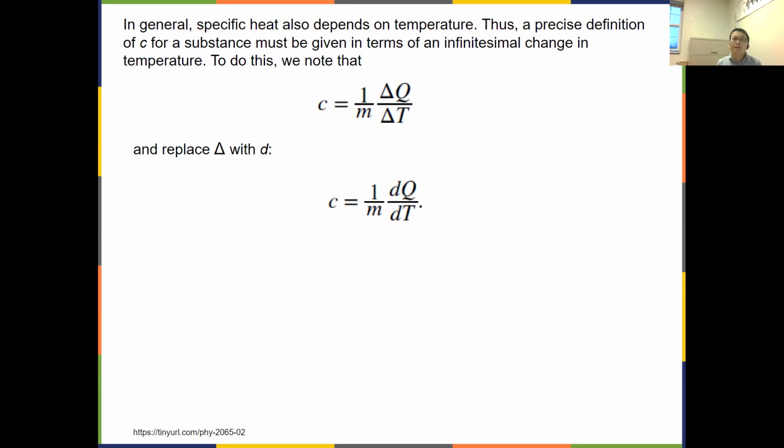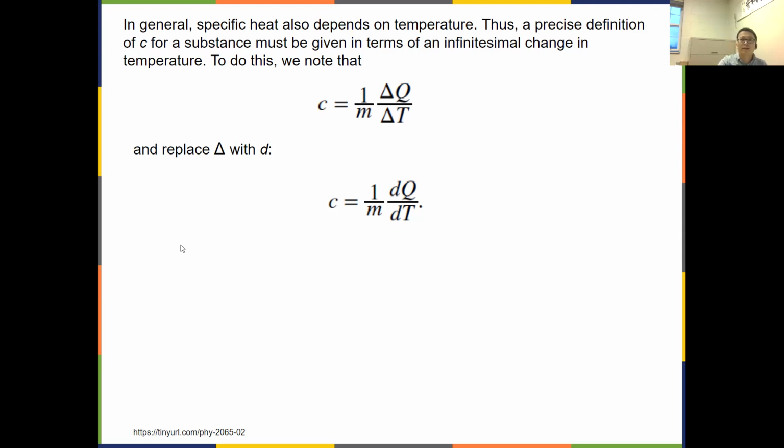However, in general, if you are covering a wide range of temperature, you'll find it actually does depend on temperature, especially when you go to very low temperatures, or if you cover a wider range of temperature.